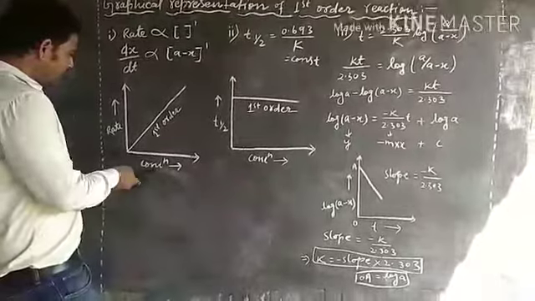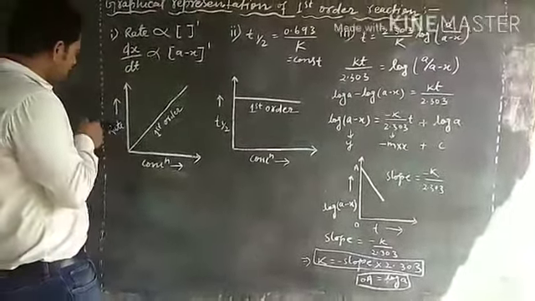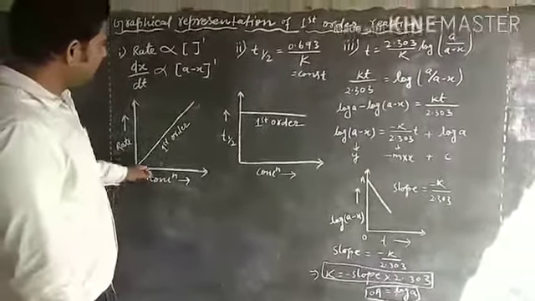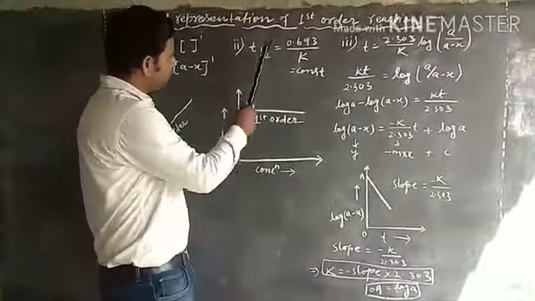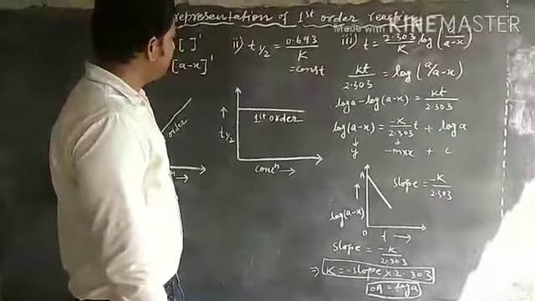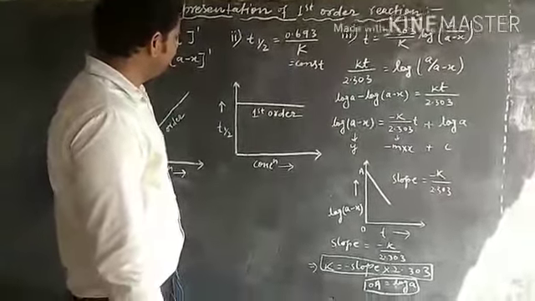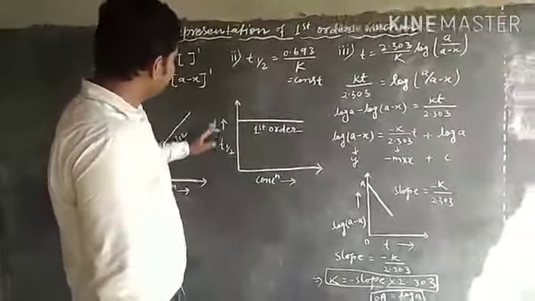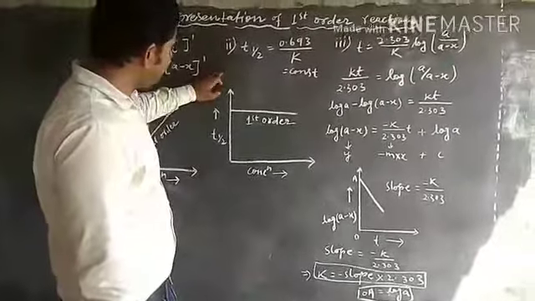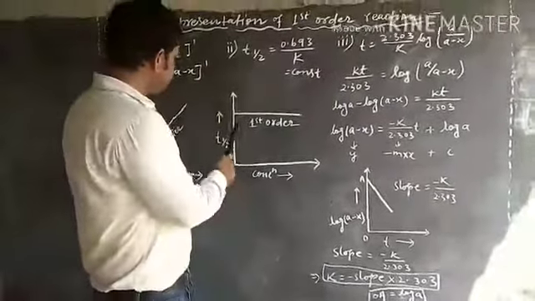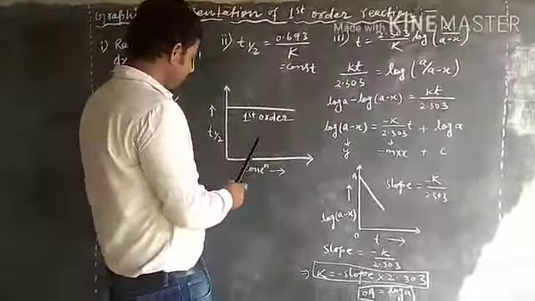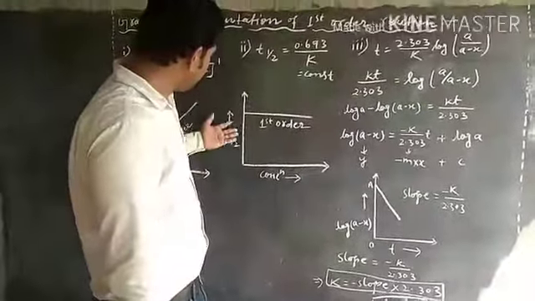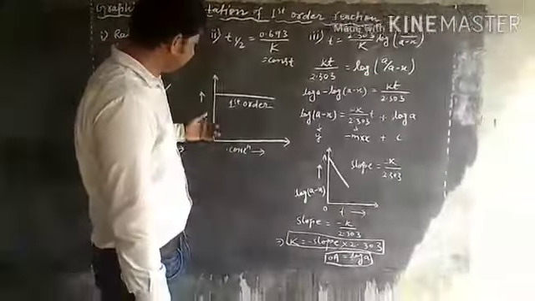When concentration increases, rate of reaction also increases. And in second, T half equal to 0.693 by K, means this is a constant term. So graph for half-life of first order reaction is constant. We can represent graph for half-life of first order reaction like this.